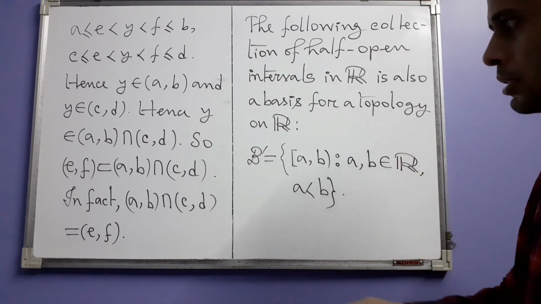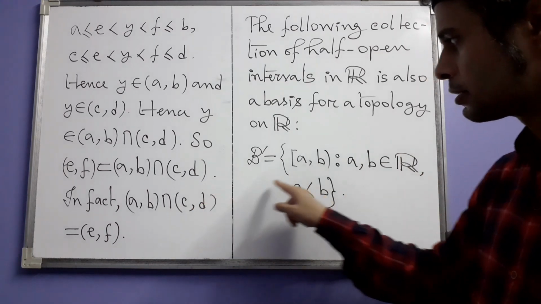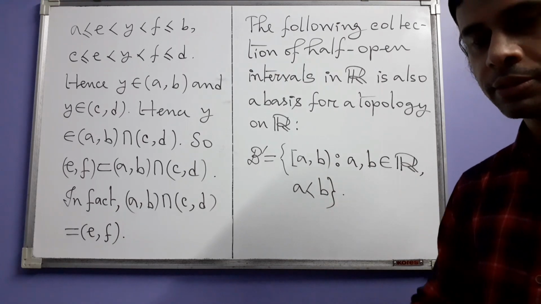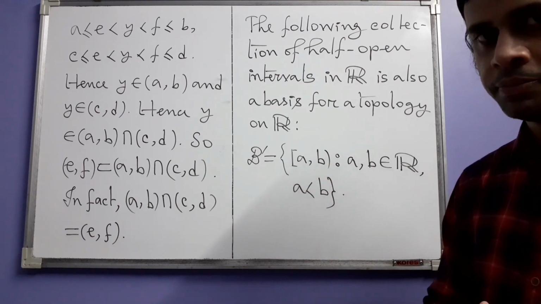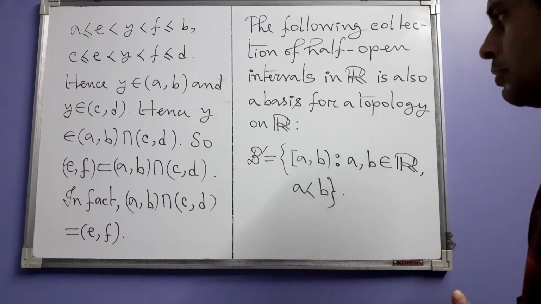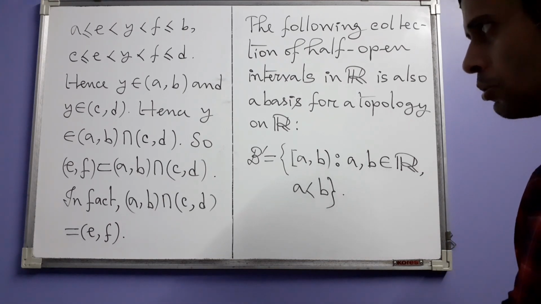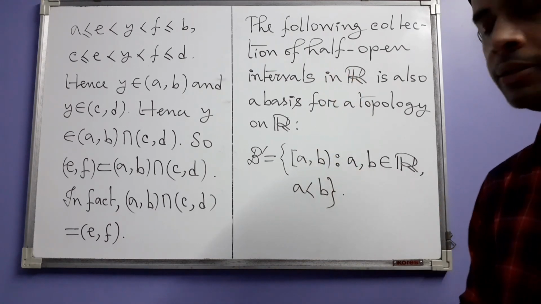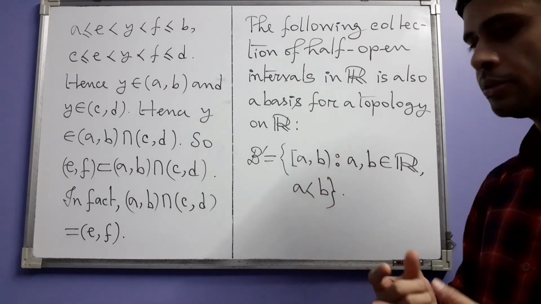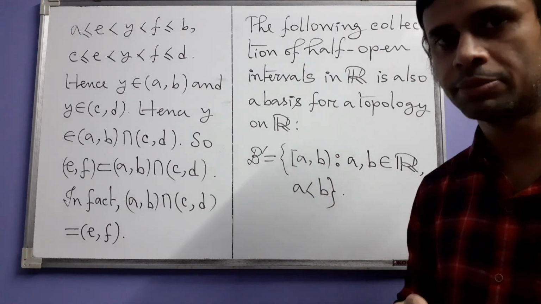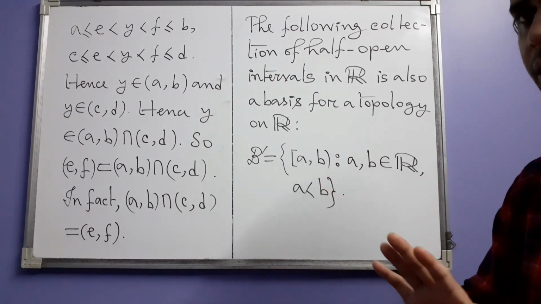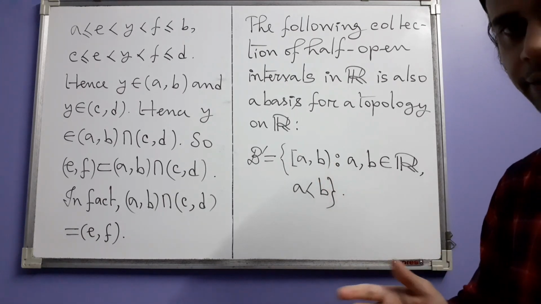For the second condition, you will similarly take two such half open intervals and you take their intersection and choose a point in it. Here also, you will be able to show exactly similarly that the intersection is in fact itself a basis element. That means I should not perhaps say basis element because that's what we are verifying.